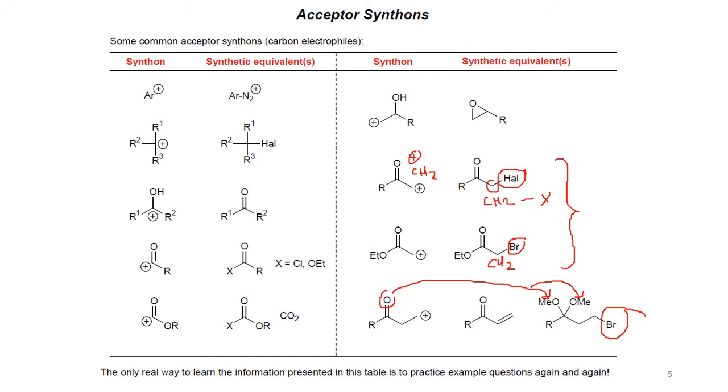The only way to learn the information presented in this table is by practicing example questions again and again, because without practicing, it is not easy to imagine how you can get a synthon and then the synthetic equivalent.